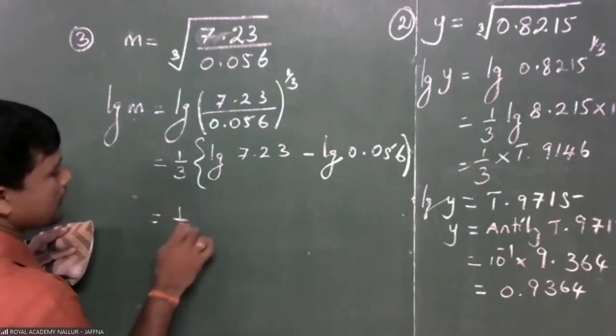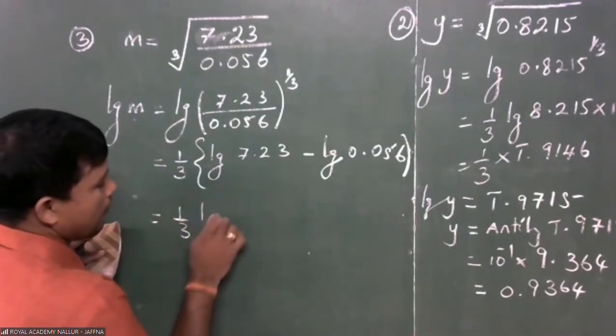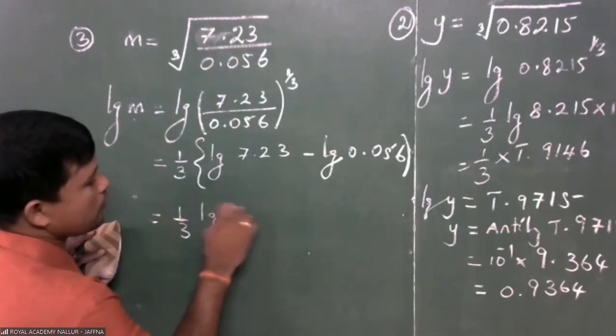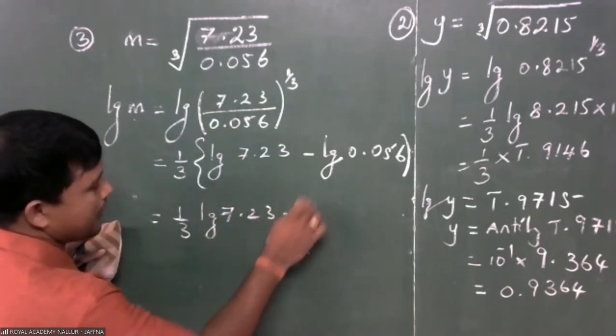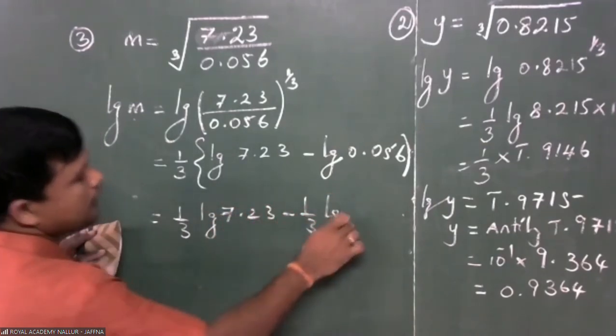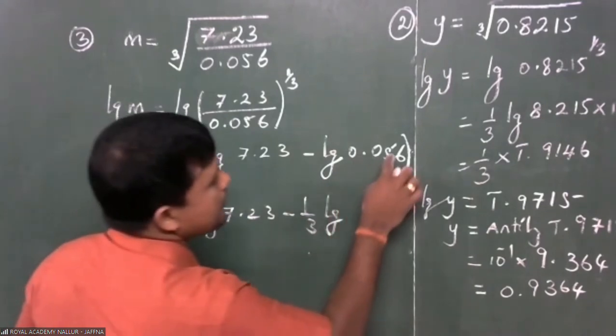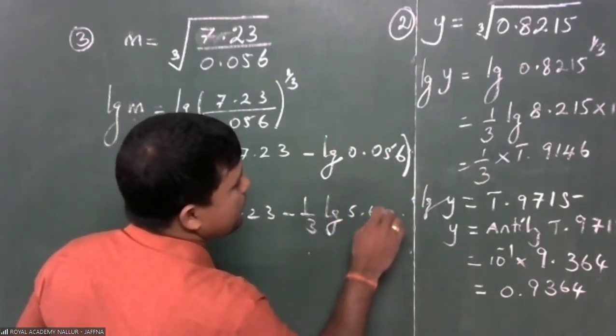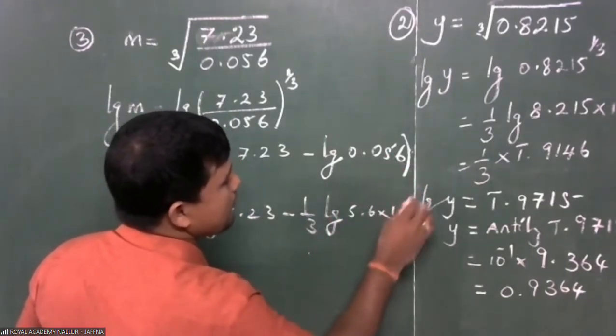This is 1/3 of log 7.23 minus again 1/3 log 0.056. You can write it in scientific notation. This is 5.6 into 10 to the power 2 places back, so -2.